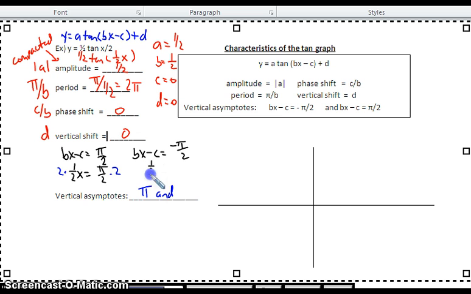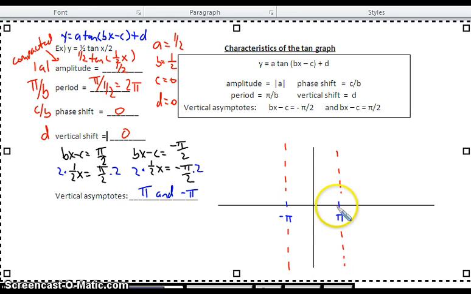If I do it again, if I times by 2, I'm going to get negative pi to be my other one. So again, if I plot those, negative pi, positive pi, and make my vertical asymptotes go through that, that already gives me my starting and stopping points, and it tells me where I should be making my graph.